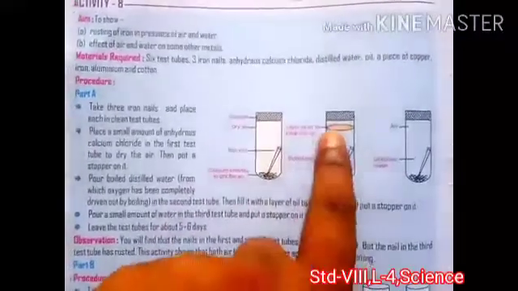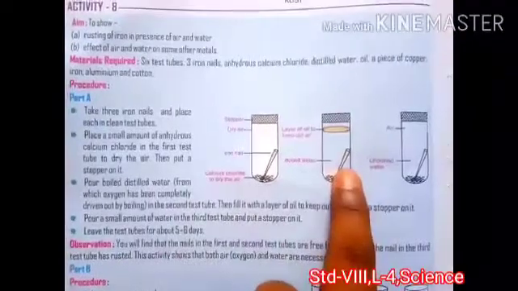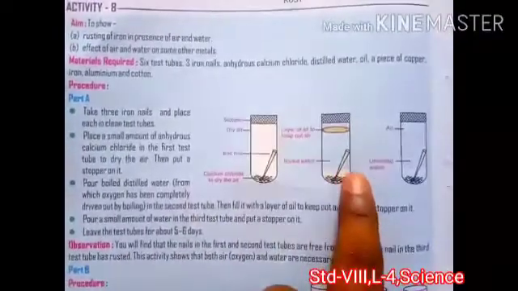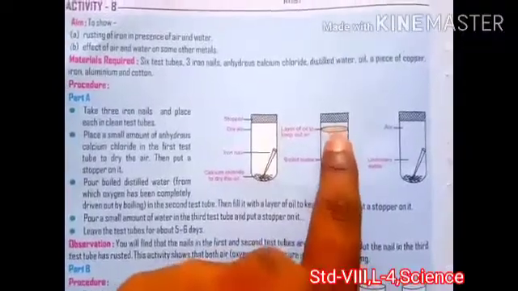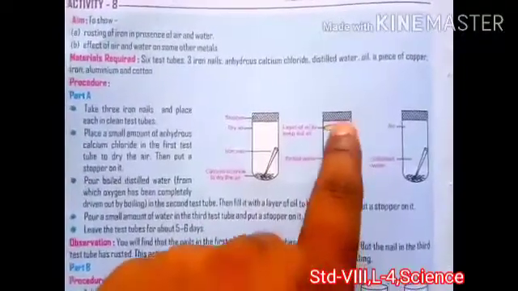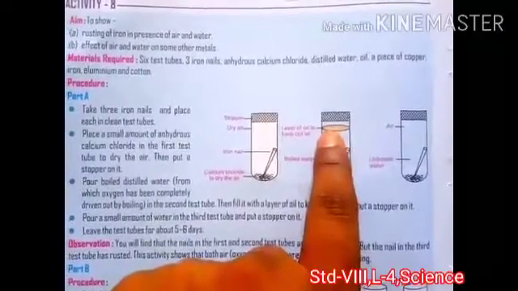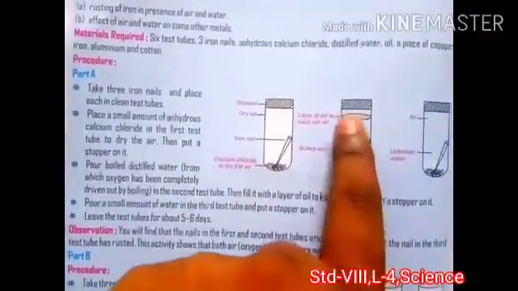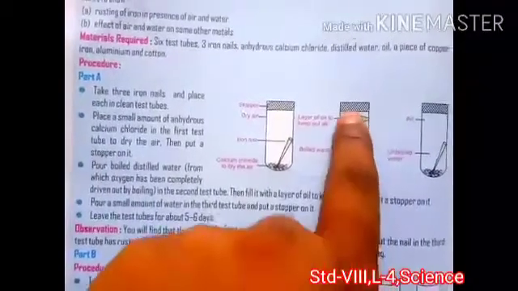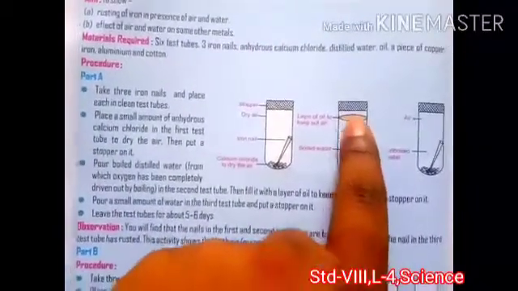And in the next test tube, we put some boiled water inside, and put a layer of oil. The oil forms a layer on the upper side of the water, so it prevents air from going inside.